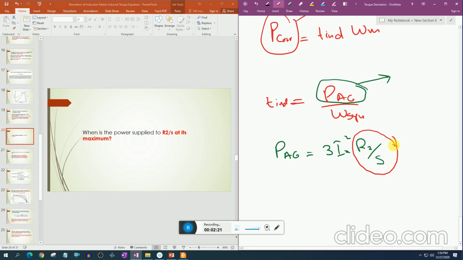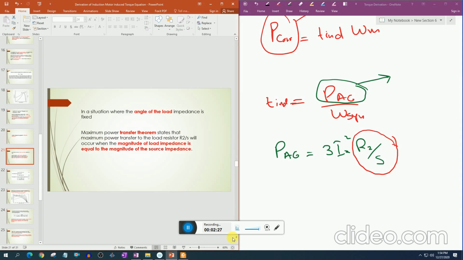This can be calculated by the maximum power transfer theorem. The maximum power transfer theorem states that maximum power transfer to the load resistor R2 by S will occur when the magnitude of the load impedance is equal to the magnitude of the source impedance.